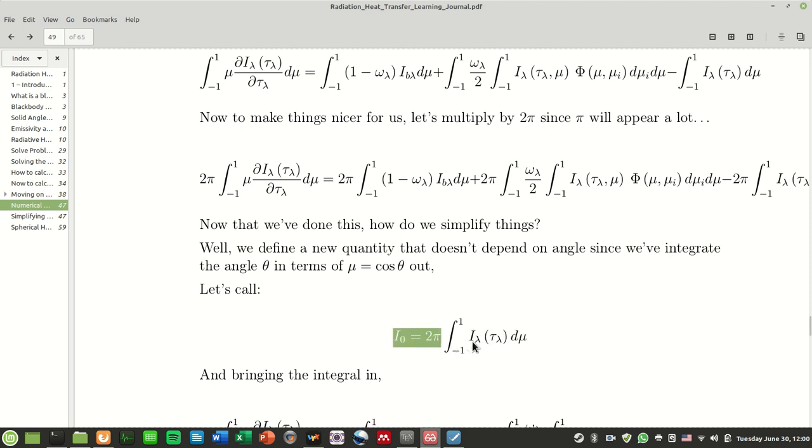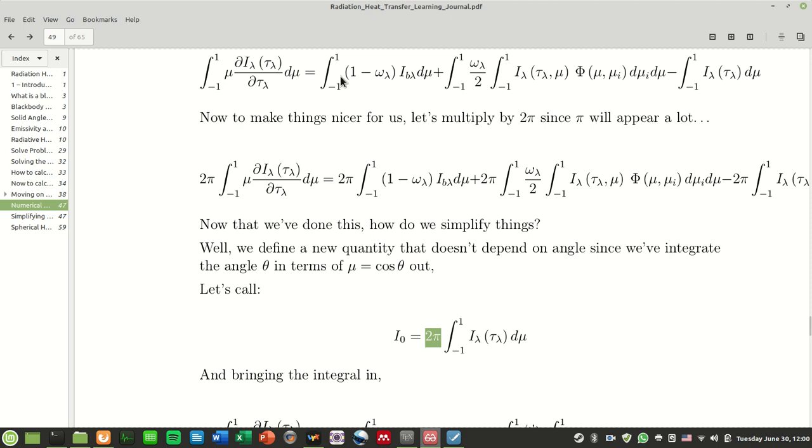We can introduce this so-called integral term as I0. I0 is this quantity we are talking about. We integrated out the directions, and then we put a simple 2 pi in front.